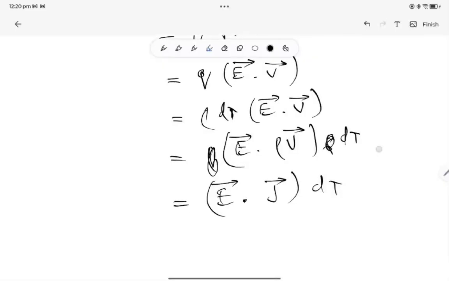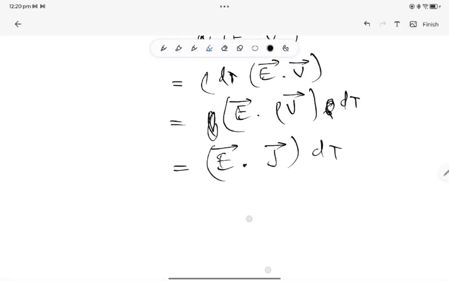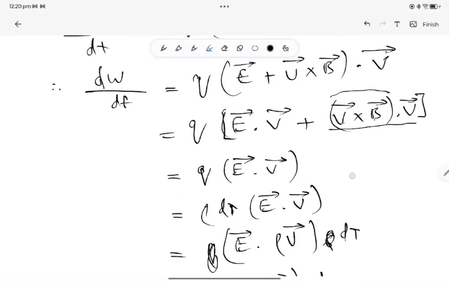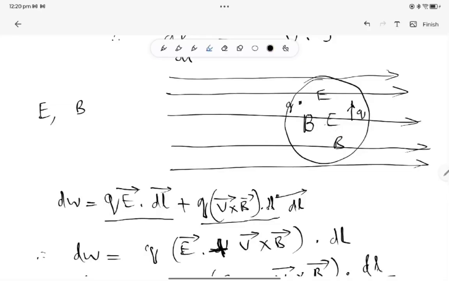This is the work done per second, that is the power delivered by the electromagnetic wave to those charges. We can also say that this is the power absorbed by the charges from the electromagnetic wave. Quite easy.